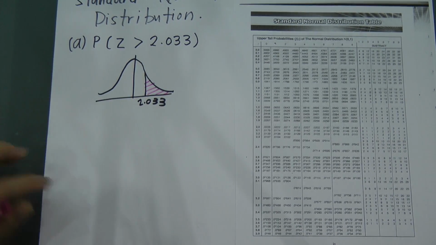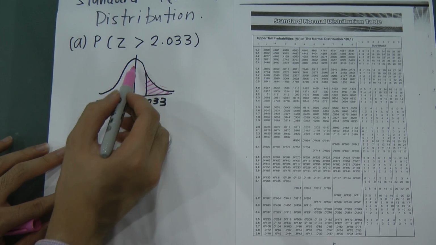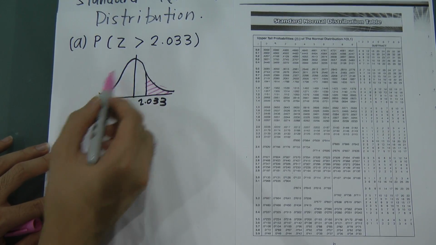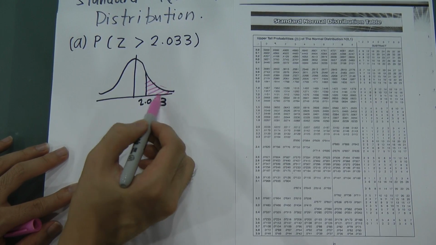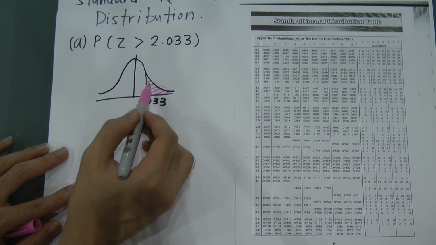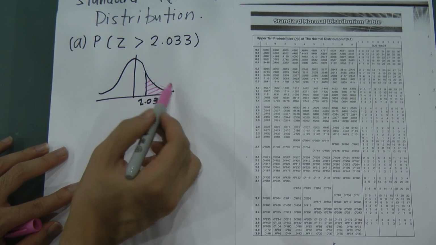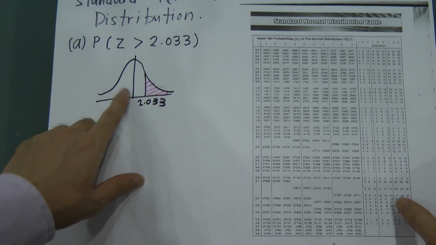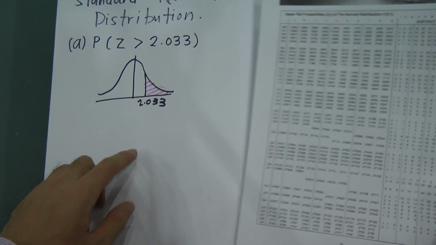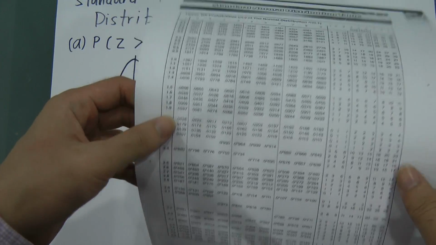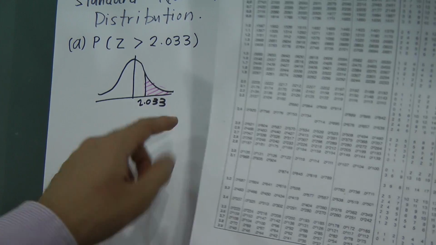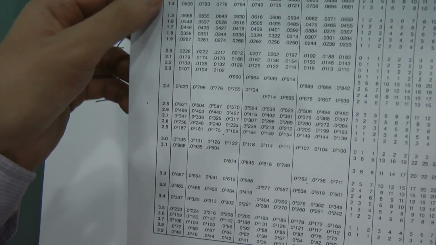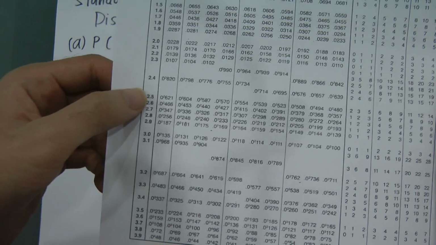This area is the probability value, so you have to find what your probability value is here. You find this from the table. For 2.033, from this table you have to find 2.0, which will be somewhere here.